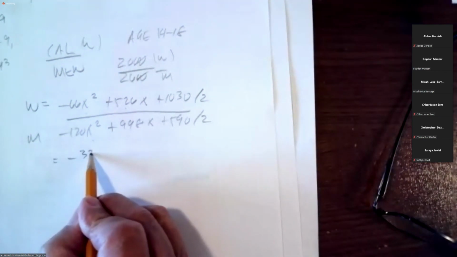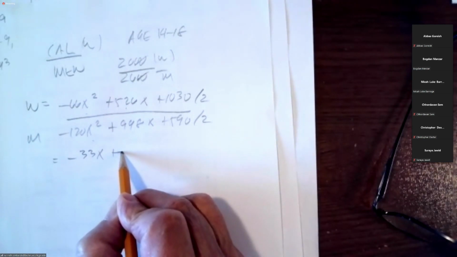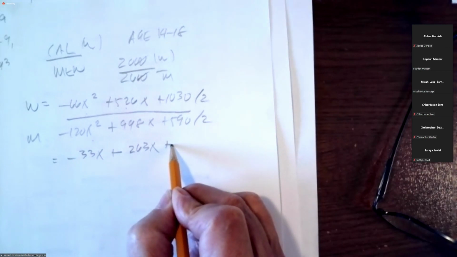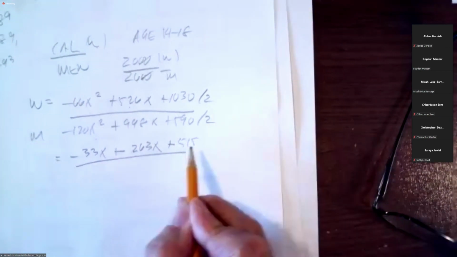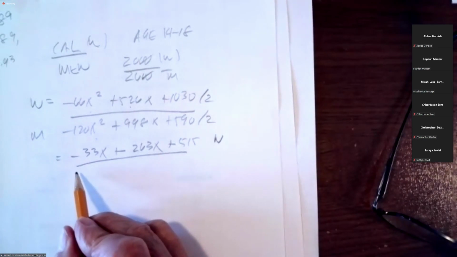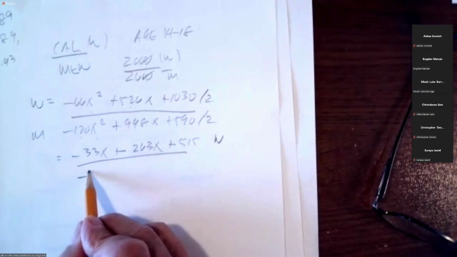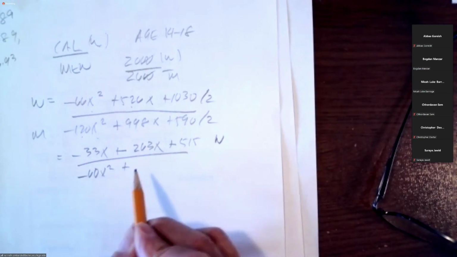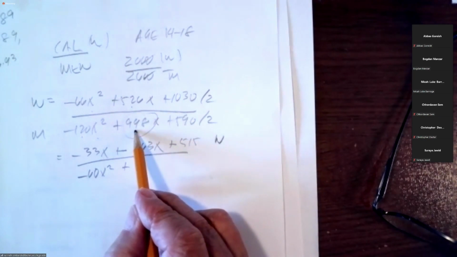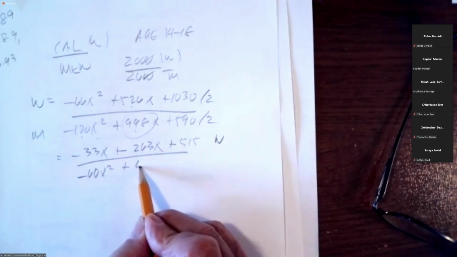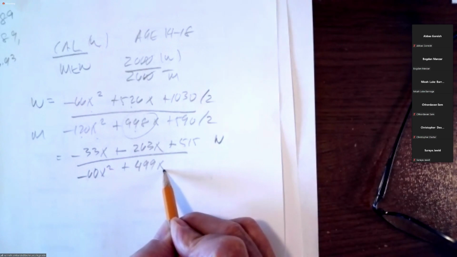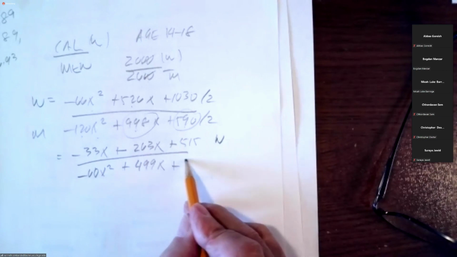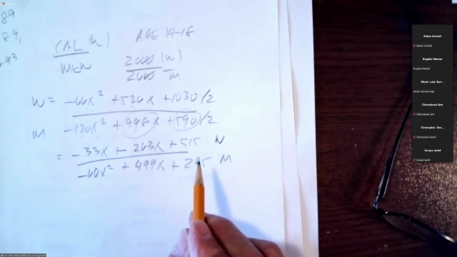Well, let's see, negative 33x squared plus 263x plus 515, that's the women. And the men, divide 120, we get negative 60x squared plus 499x plus 295 for the men.